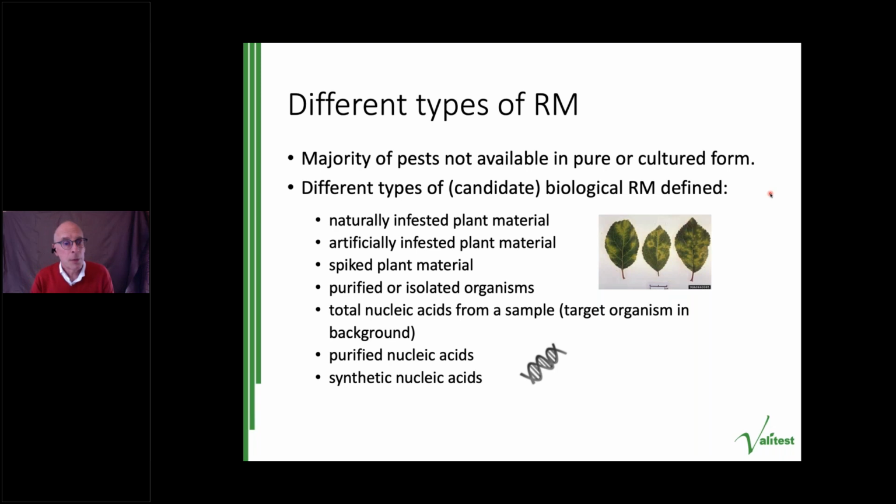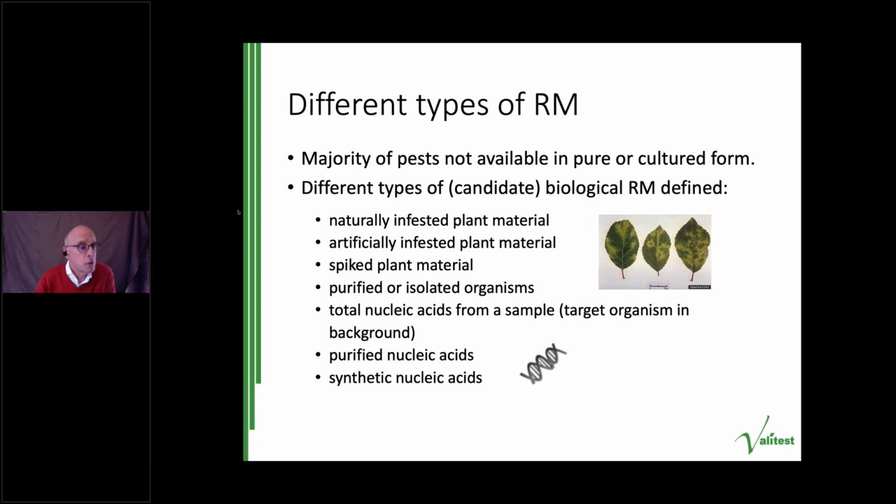Plant health testing is about testing for many, many different pests and pathogens, and a lot of those are actually not readily available in pure or in cultured form or in collections. And within work package 3, we decided to define different types of candidate or biological reference material.